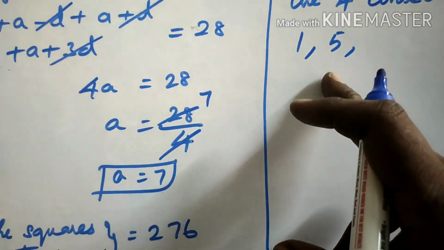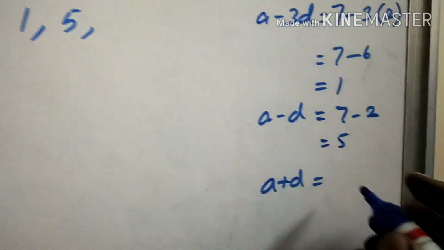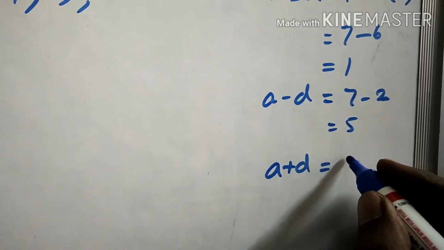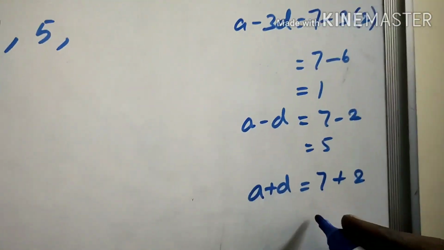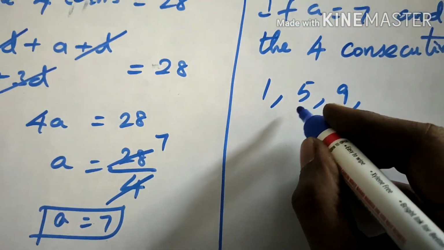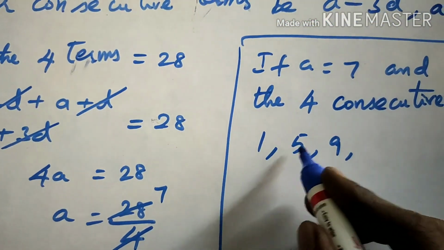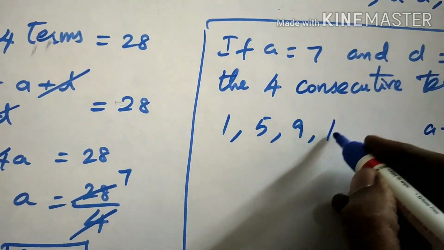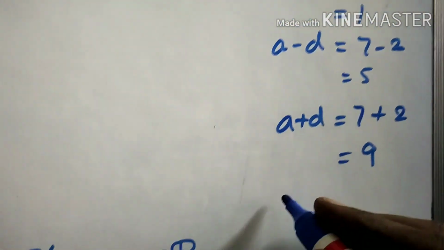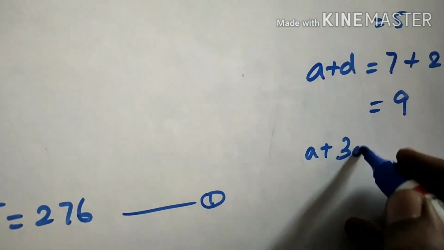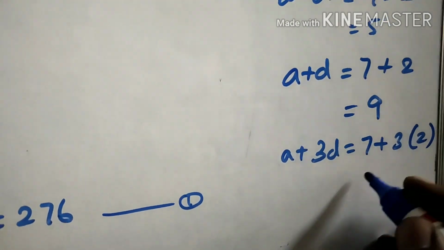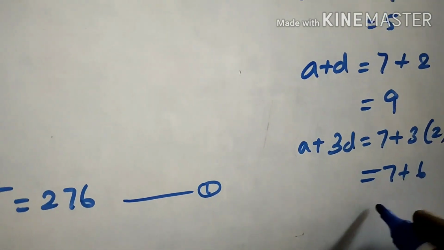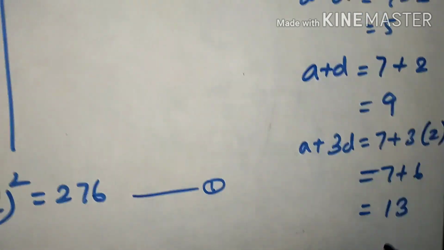The number a is 7 plus 2, equal to 9. It increases by 4. Okay, can you see, 1 plus 4 is 5, 5 plus 4 is 9, 9 plus 4 is 13. You can check: a plus 3d equal to 7 plus 3 into 2, which is equal to 7 plus 6, equal to 13.